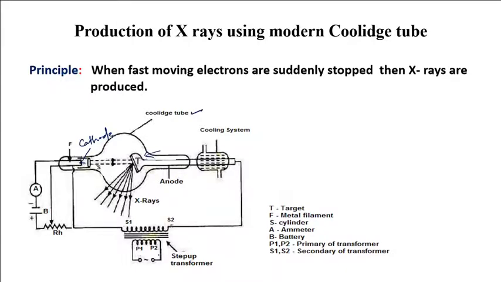The filament is surrounded by a cylinder which is maintained at higher negative potential with respect to filament, and a higher potential difference is created between cathode and anode with the help of step up transformer.